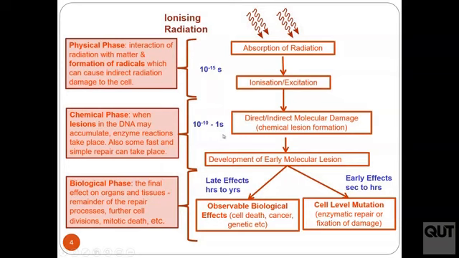There can be enzyme reactions and other chemical reactions. That occurs about 10 to the minus 10 to about a second, roughly. And then there's the biological phase, which is the actual observable effects on the organism. And this can be hours to years, or minutes to years, or seconds to years.